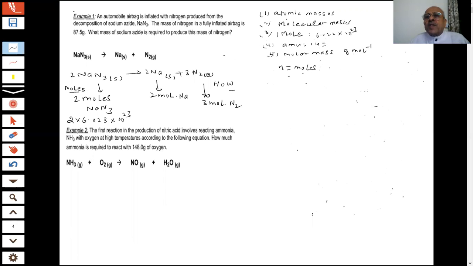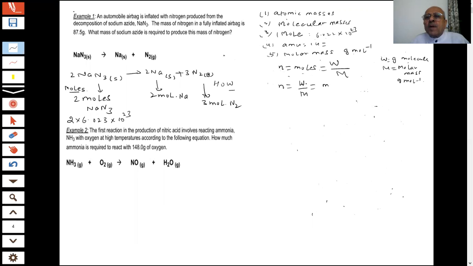If I have W grams of a substance, and M is the molar mass in gram per mole, then how will I calculate the moles? W by M. This is my formula now. n is equal to W by M.